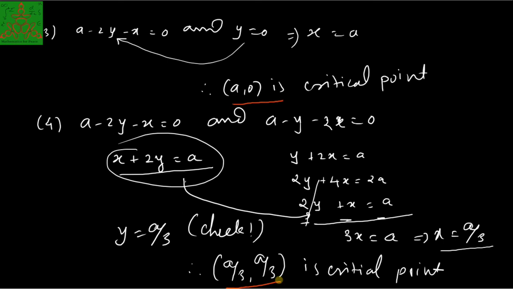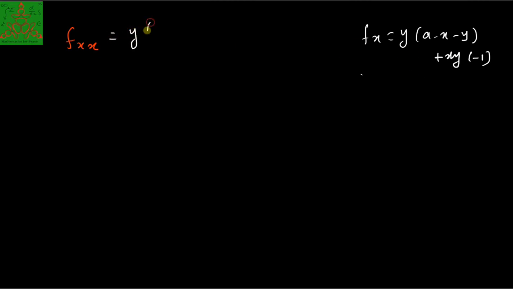So now let us try to calculate what is fxx. We know that fx is y into a minus x minus y plus xy into minus 1. So what is fxx? That you can calculate from this. That is y into minus 1 minus y, so that's why it is minus 2y.